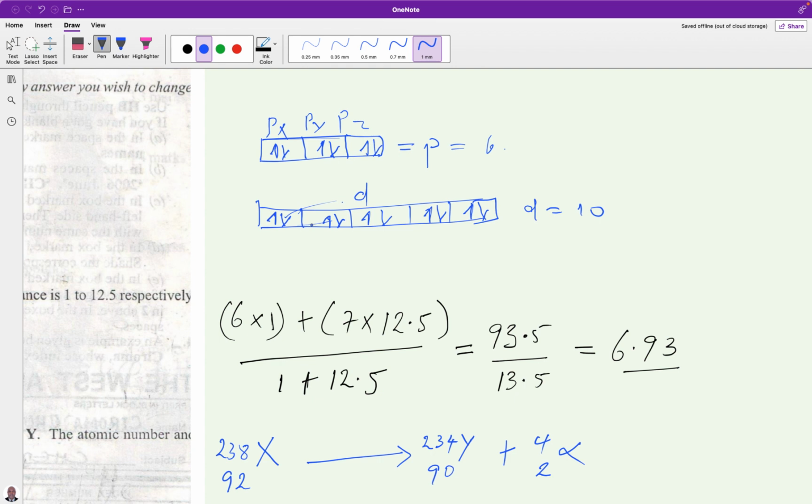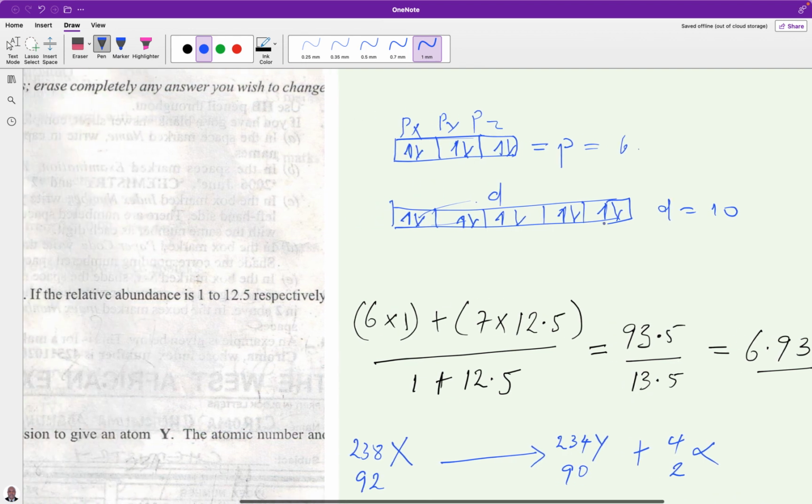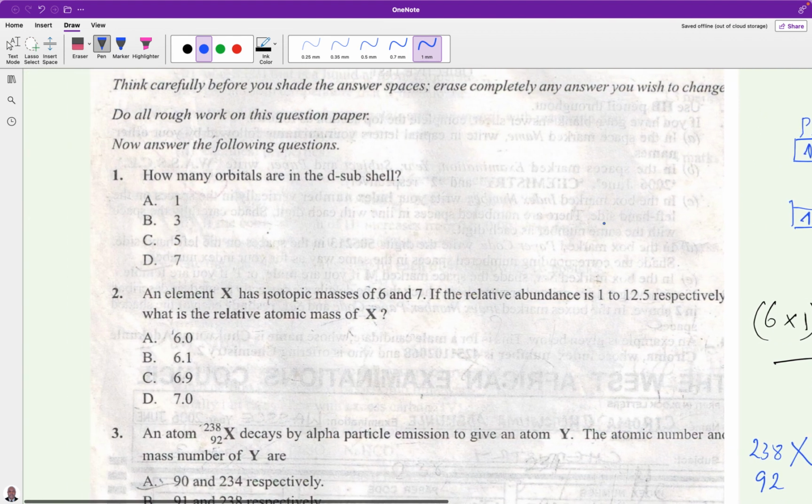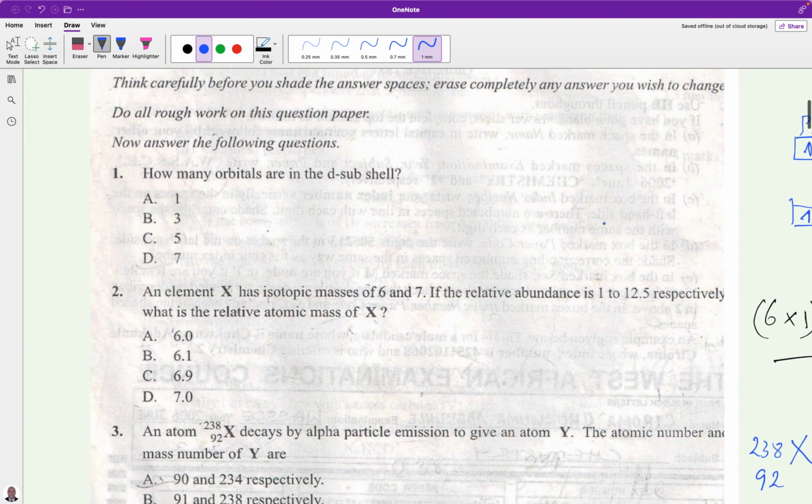Each of them has a maximum of 2 electrons, making a total of 10 electrons. So all elements within the d block are supposed to have a maximum of 10 electrons if they were to complete their orbitals.